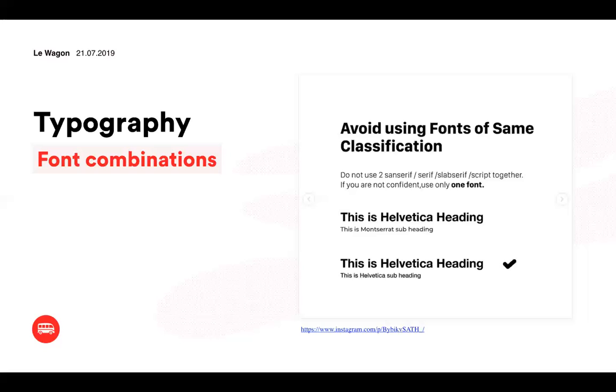So the tip here is do not use two sans serif or two serif fonts together. If you're not confident, only choose one font family. But if you want to work with a font pair, be sure that they are very different from each other.